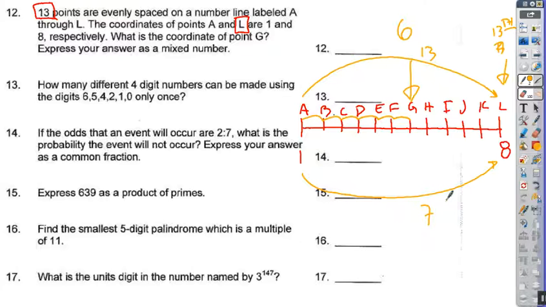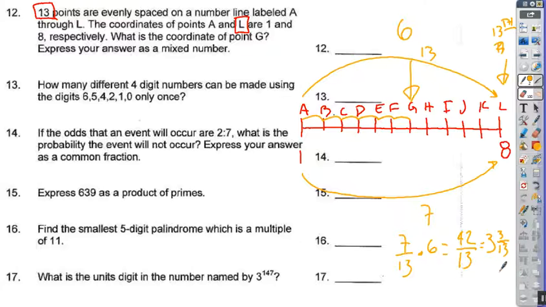So that means I have a slope. I mean, this is just like a table, right? That means I have a slope of 7/13. And I need to go 6 of those 13ths. So I end up with, watch me multiply that, 42 over 13, which is also equal to 3 3/13.